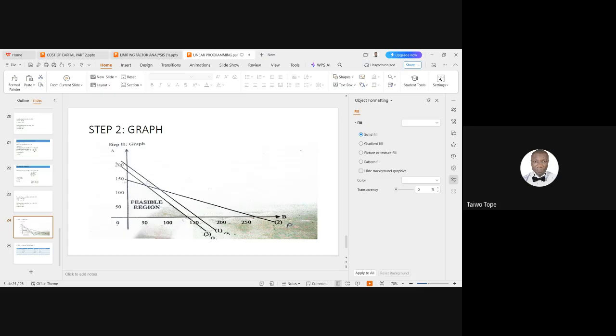Just to recognize that this is the visible region. It represents all possible combinations of decision variables in which all inequalities are satisfied. So when you connect these points together, they serve as the visible region on a graph.